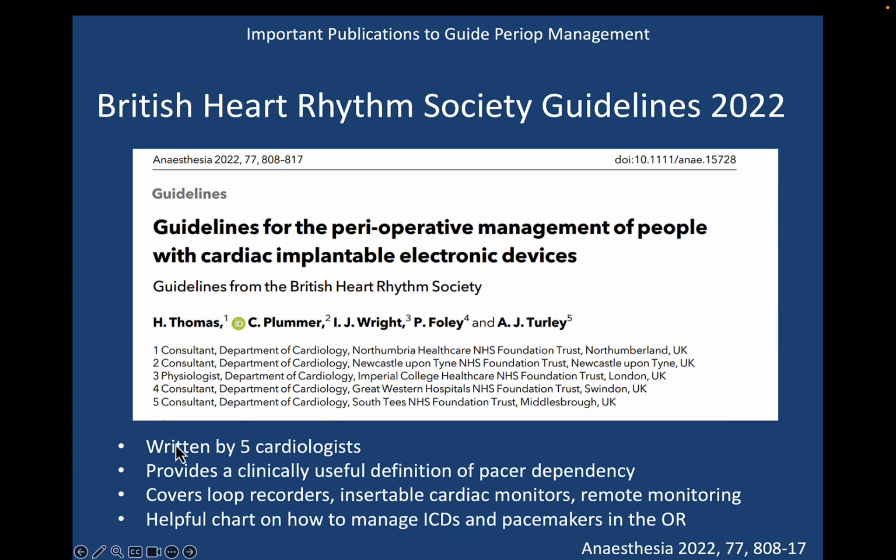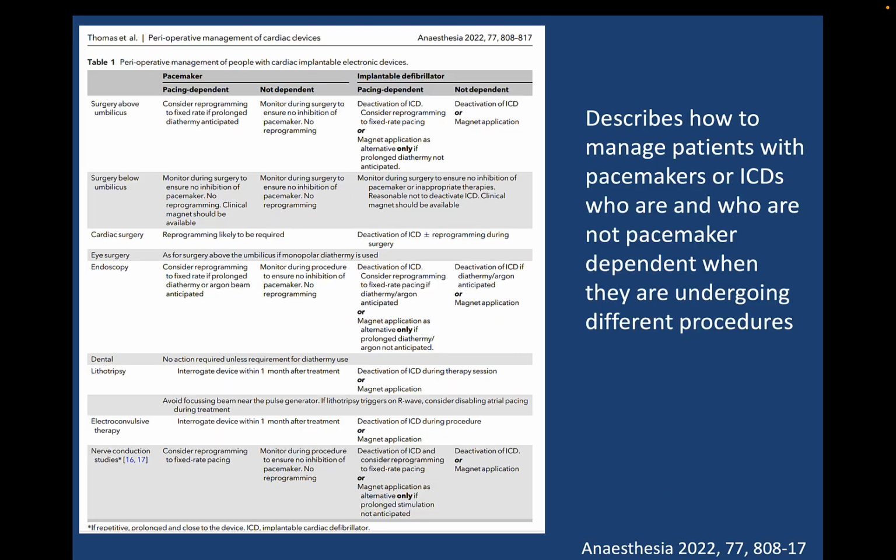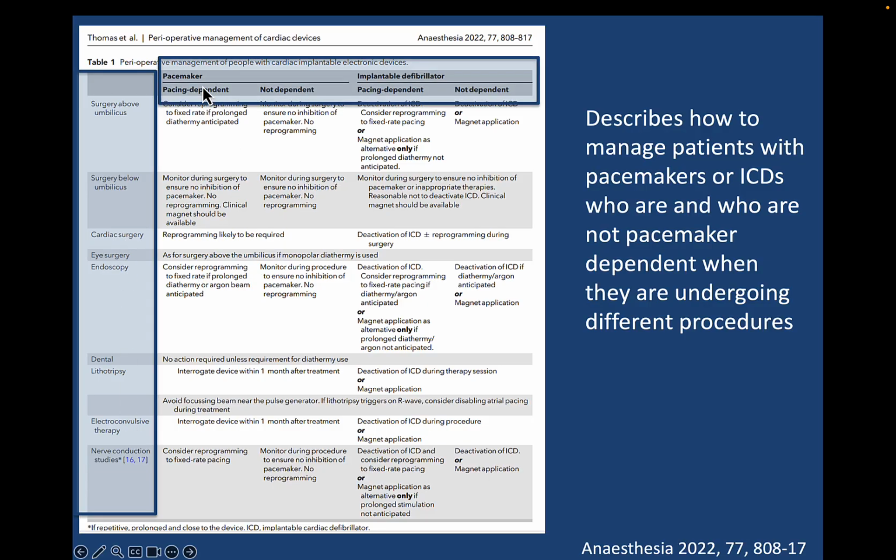And the best thing about this is it has a helpful chart on how to manage ICDs and pacemakers in the OR. If you look at table 1 of this paper, on the side you see the type of surgery, so surgery above the umbilicus, surgery below the umbilicus, cardiac surgery, etc. And then you see on the top pacemaker management and those that are pacing dependent and not dependent, and then ICD management and those that are pacer dependent and not dependent.